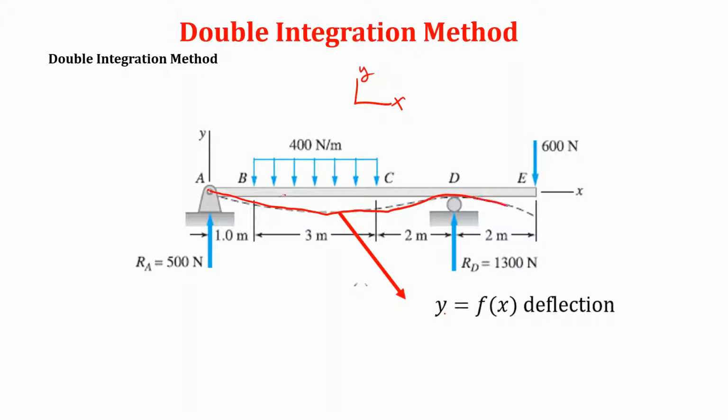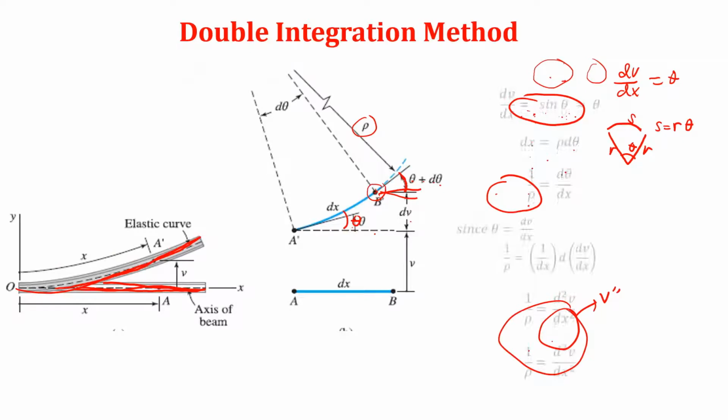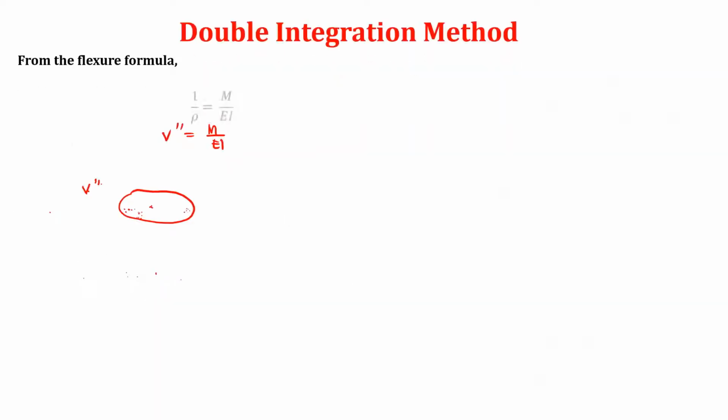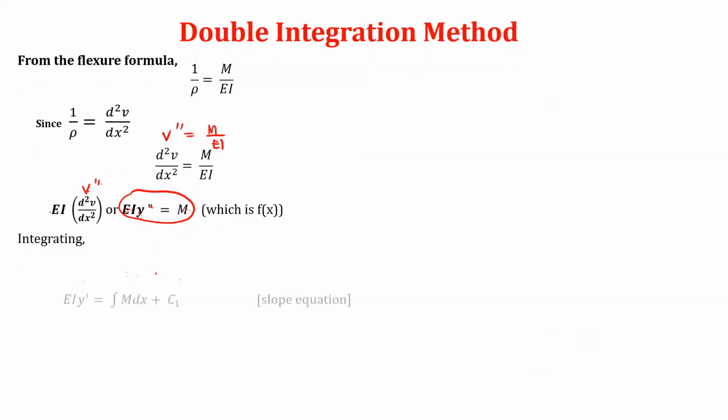So at different locations we have different thetas: theta, theta, theta, theta. So if we are interested in the slope, then we can use the slope equation, which is this.